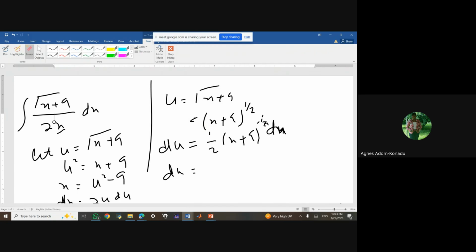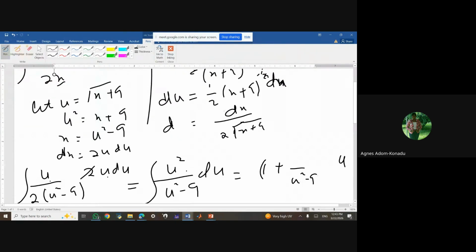So this is the same as du equals dx over 2 root x plus 9. Just look at what we have here. Then, so that's du.